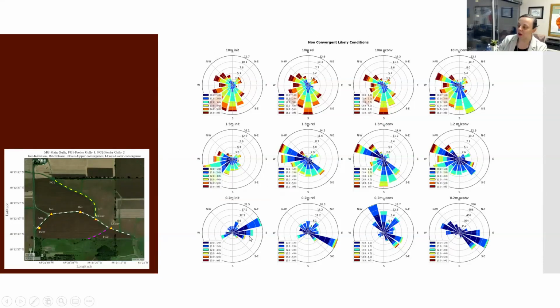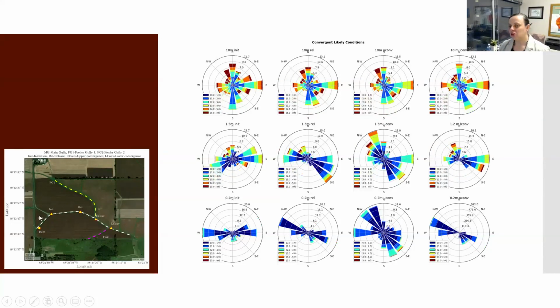And then at the lowest height, the normal conditions, or the conditions where convergence wouldn't be happening, is primarily when wind is moving this way from release to initiation, except in the convergence zones where wind direction is a little less predictable.